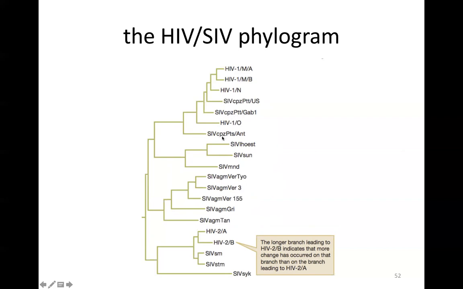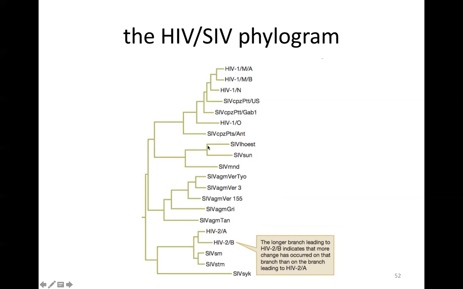So this should be SIV from chimpanzee, another HIV strain, SIV from chimpanzee, SIVs from other primates, another HIV, some other SIV from some primate species, another SIV.